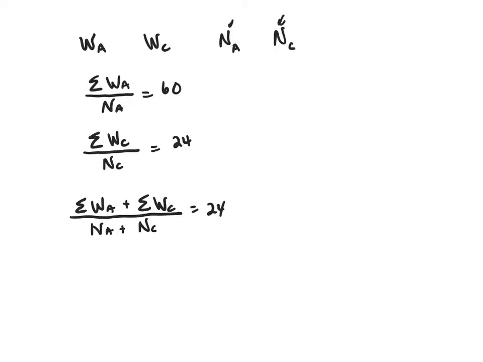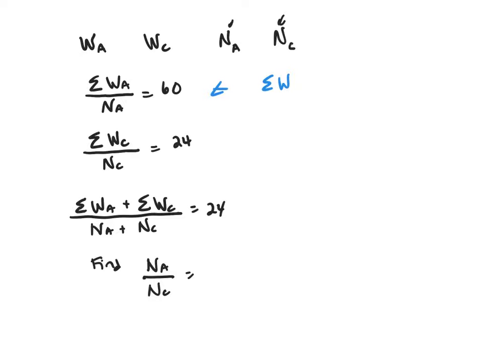And I'm trying to figure out what is the ratio of adults to children. So I'm trying to find the number of adults to children, that's what I'm trying to find. Okay? So what I'm going to do is solve this top equation for the numerator.